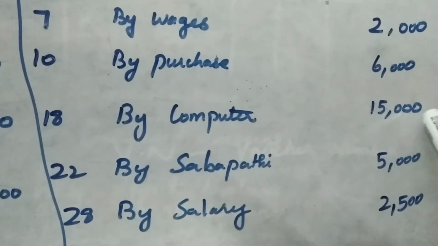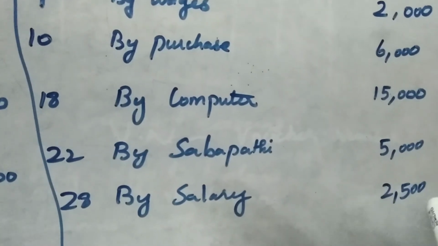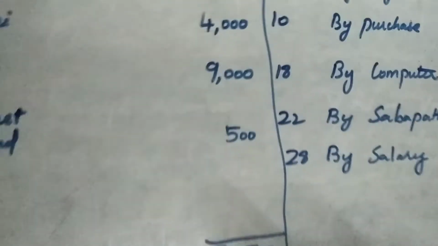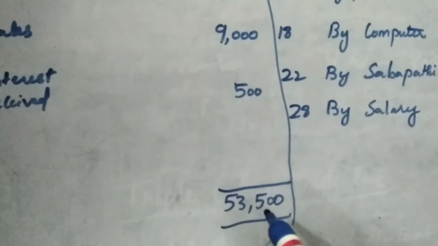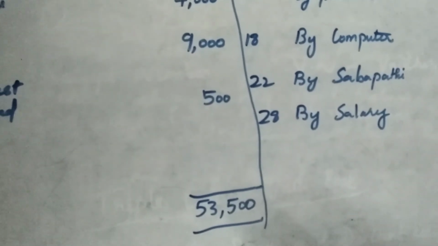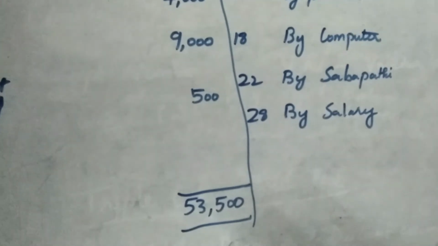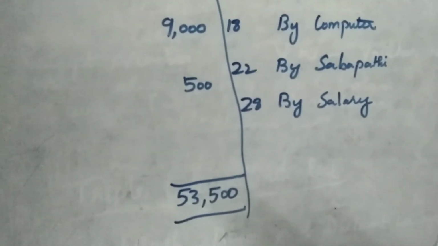So you have 15 plus 5, 20,000, 28,000, 30,500 is the total here. Whereas on the debit side we are having 53,500, whereas on the credit side we have only 30,500. So what is the difference? 23,000 is the difference.